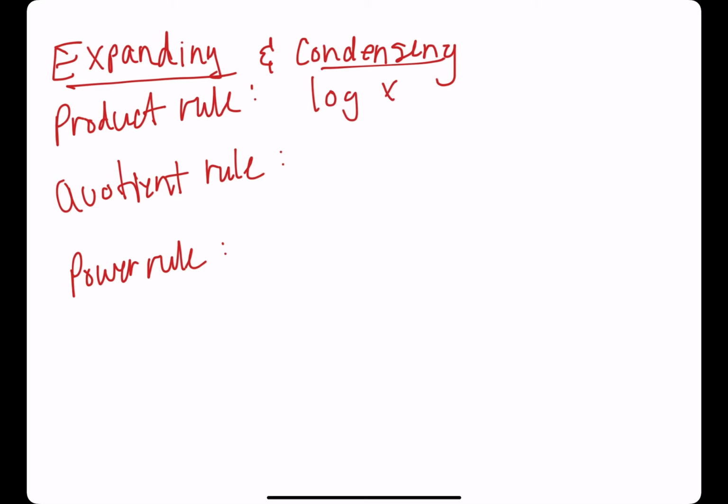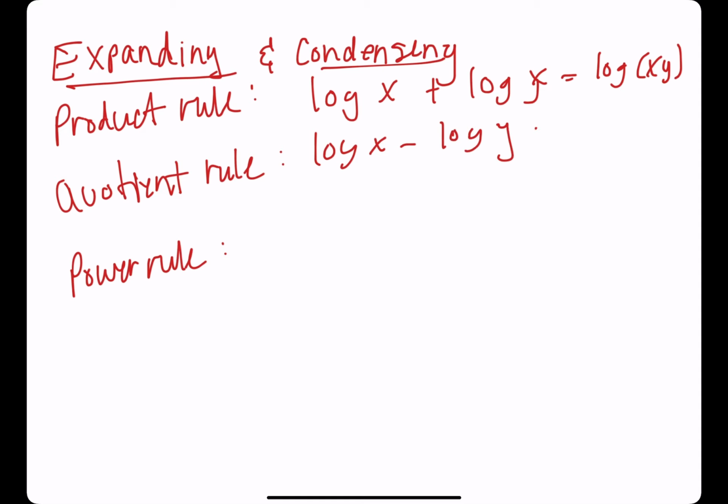If I have log x plus log y, I can put them together into x times y. If I have log x minus log y, I can put them together into a single log by dividing them.